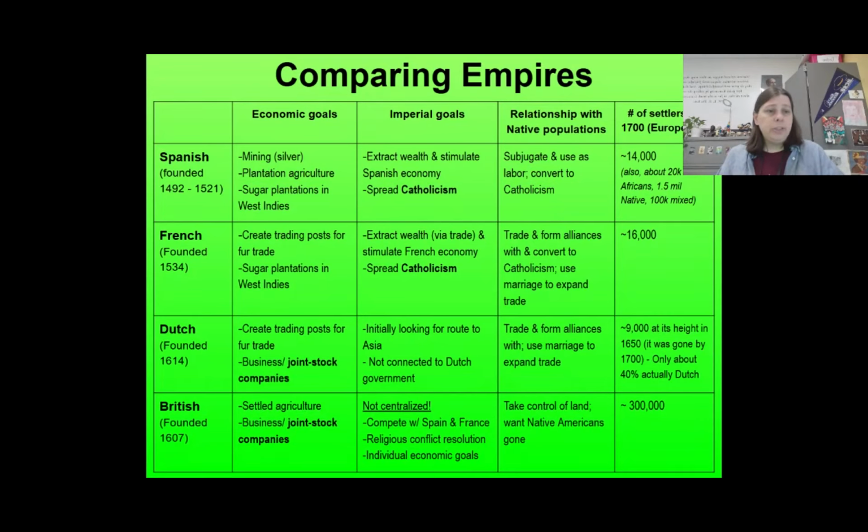Next one down, New France. It shares some things in common with New Spain. They are both centralized, so the French monarch and the French government is also funding New France. It's, again, a state project. And the French are also Catholic and the French have a mixed religious population at home, but the colonizing arm of New France is Catholic, with an interest in conversion to Catholicism. Big difference, though, is what the economics of New France looks like.